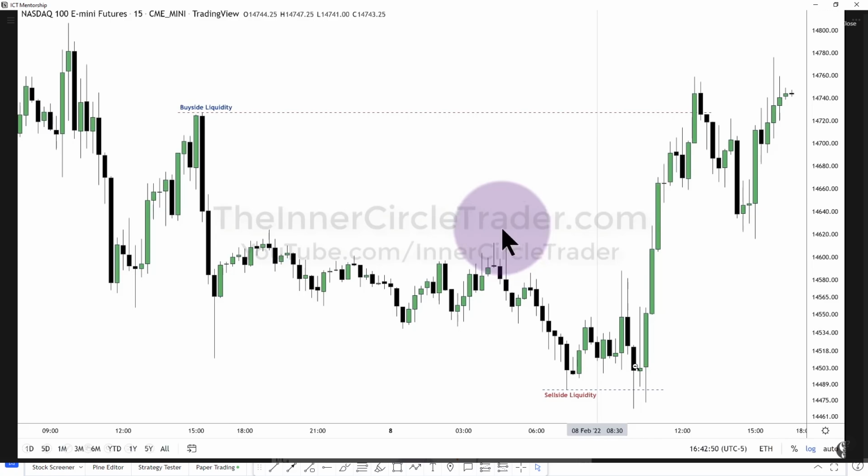So if price has just taken sell-side liquidity aggressively here, I'd expect it at the very least to maybe take this high, or maybe take this couple of highs that are here, or maybe go all the way up to that one. In my opinion, when this low was taken as aggressively as it was, this aggression from here could have been used as a target, but then price does all of this.